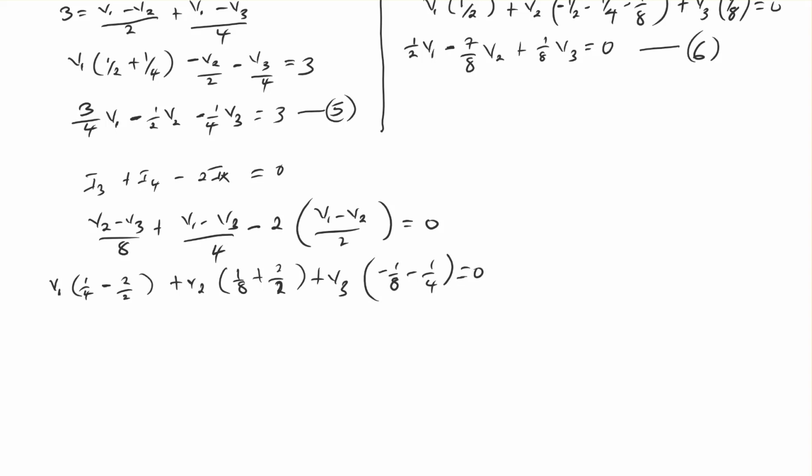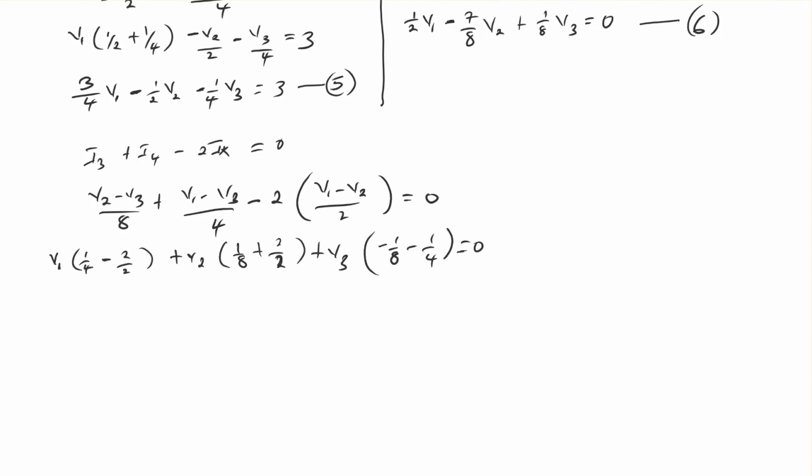Let's simplify further. This is 4 over 4 minus this will give me minus 3 over 4 V1. This is 8 over 8, so it will be 9 over 8 V2.